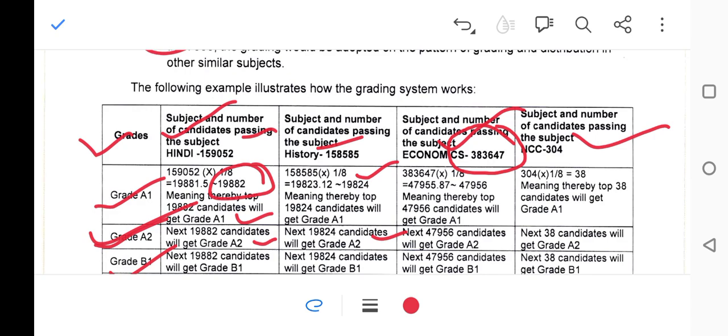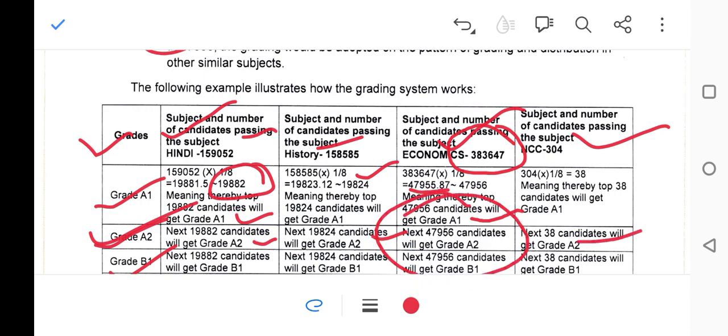When you calculate it, it will be 47,955.87, which is approximately 47,956. Meaning the top 47,956 will be given grade A1, the next 47,956 will be given A2, and the next 47,956 will be given B1. In this way the grading will be given.